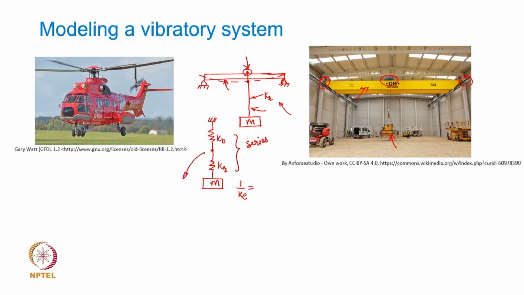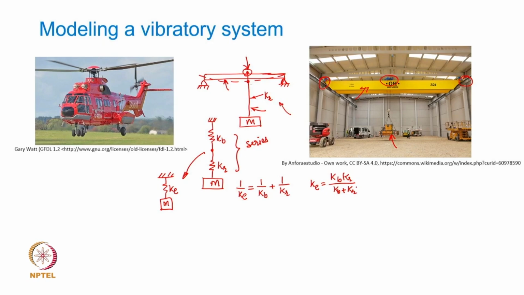So, if I model this as a simple spring mass system, the effective stiffness of this entire system is going to be clubbing these two springs in series, and that is possible by writing the expression for effective stiffness: 1 over Kb plus 1 over Kr is equal to 1 over Ke. So, if you want to find out the effective stiffness, it is going to be Kb Kr divided by Kb plus Kr.